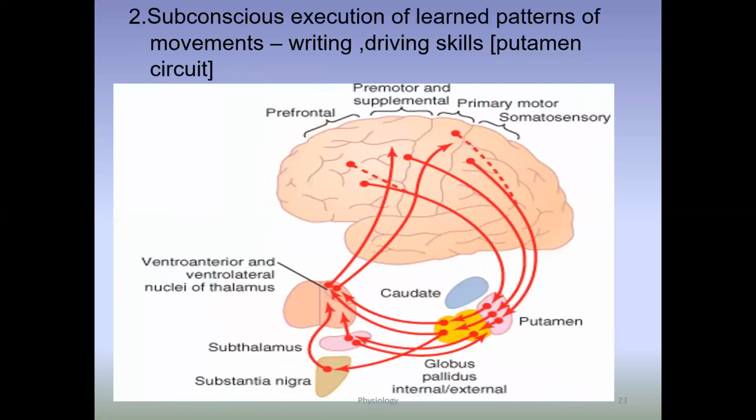That is subconscious execution of learned patterns of movements. Already I have explained in the last lecture what is meant by subconscious execution of learned patterns of movement. That means once you learn an activity, that is writing skill, driving skill, because of the putamen circuit present in the basal ganglia, that activity is done in future at a subconscious level.